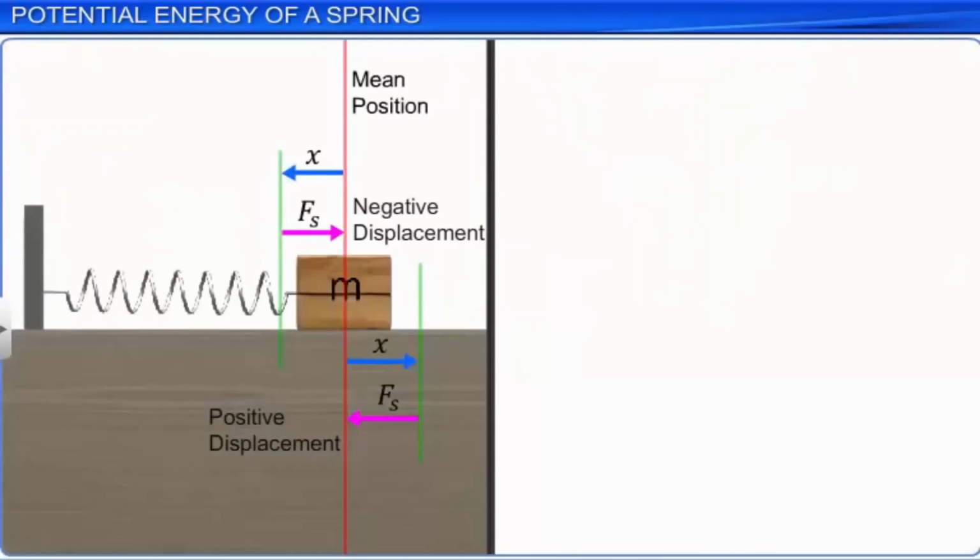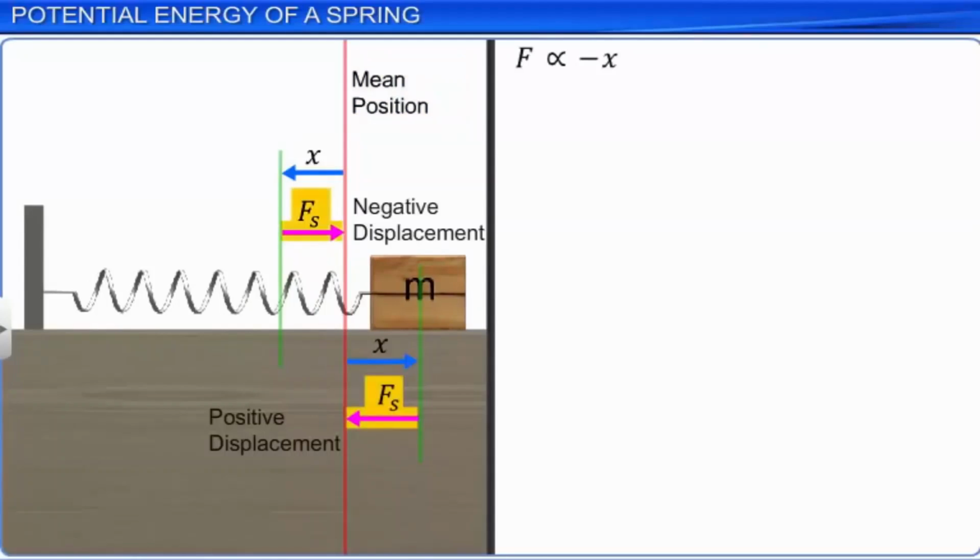The spring force F is directly proportional to the displacement x from the mean position. Thus, we see that the spring force F is proportional to minus x. We say minus x as the spring force is always directed opposite to the direction of displacement.